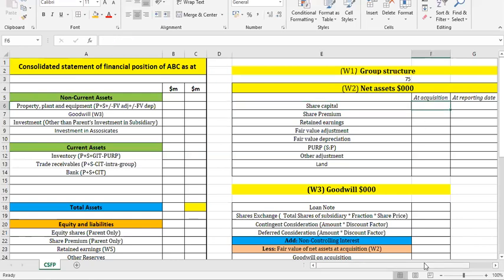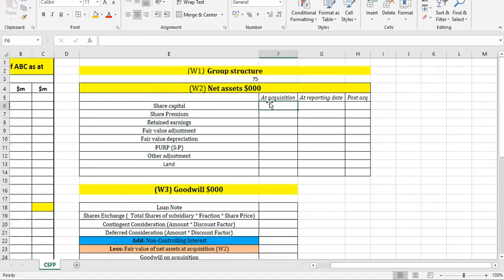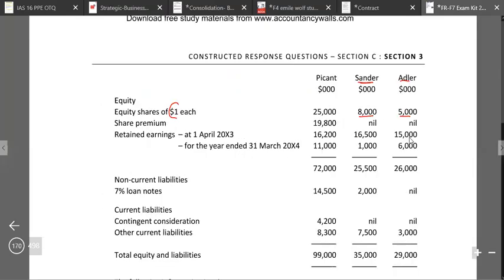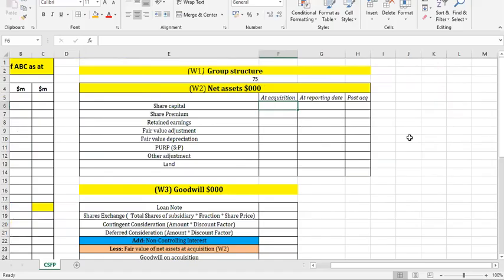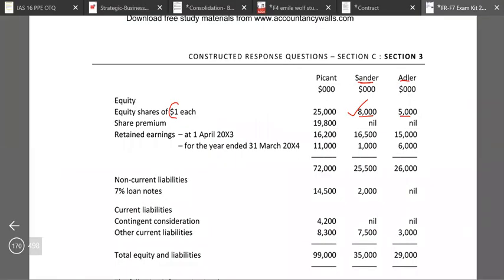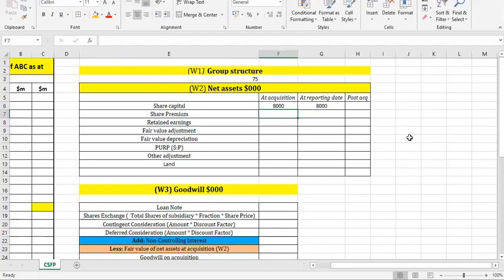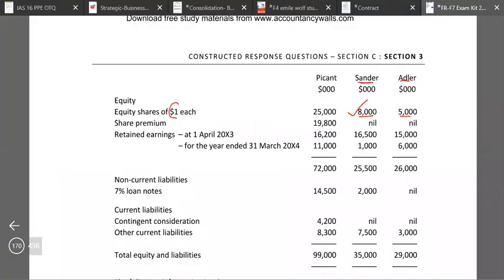Then you have the share capital and net assets of the subsidiary. First of all, the share capital of the subsidiary is actually 8,000, so we'll put 8,000, because that will remain the same. Share premium: the subsidiary does not have any, so nil. And then you have the retained earnings at acquisition. First of all, you need to see the date.